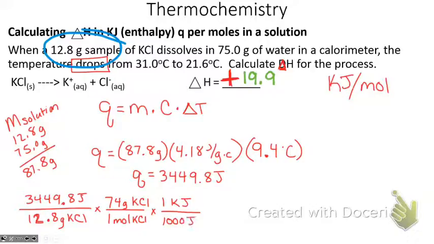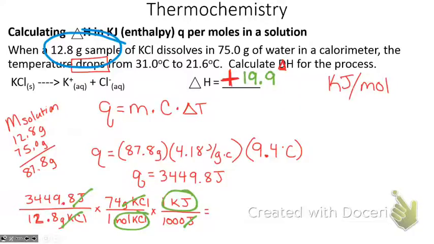So I'll pop that in there as well. Here your units do cancel. You'll have joules cancel here, grams cancel here, and the unit you are left with is kilojoules per mole, which is the exact same thing that you did the first way around. It's just a different way of showing it.